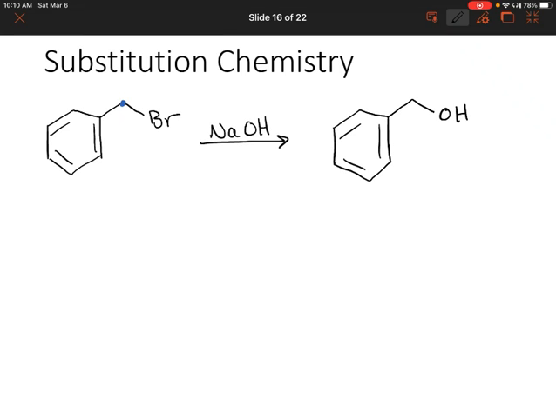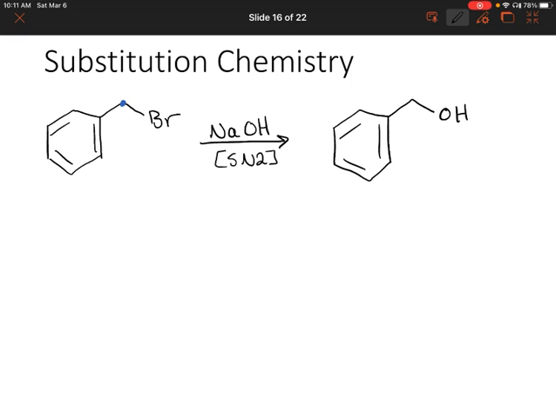So now let's look at the nucleophile. Is that a strong nucleophile or a weak nucleophile? A strong nucleophile. So does SN1 or SN2 prefer strong nucleophiles? SN2.